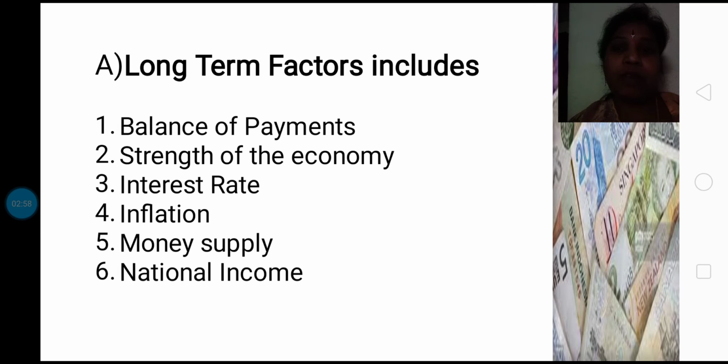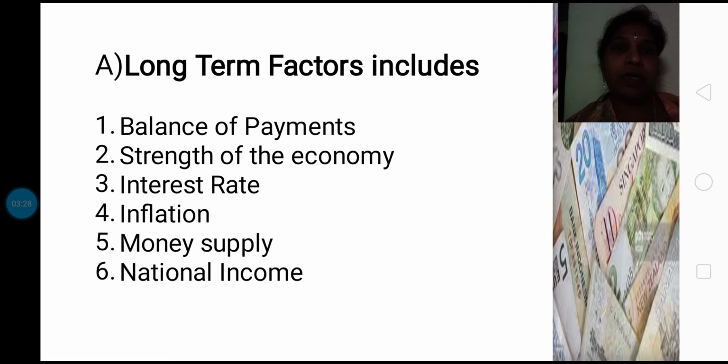So balance of payment consists of three components, mainly current account, capital account and financial account. All these will be explained in the next session. I'll just brief it. Current account covers the transactions of goods and services that are imported and exported, which happen over a period of 1 year.